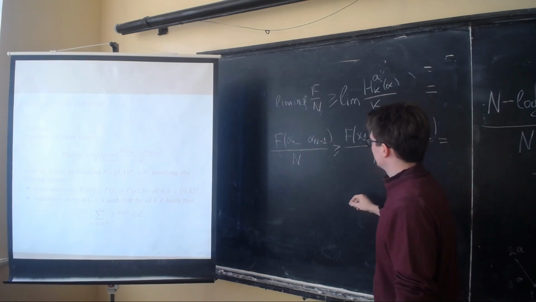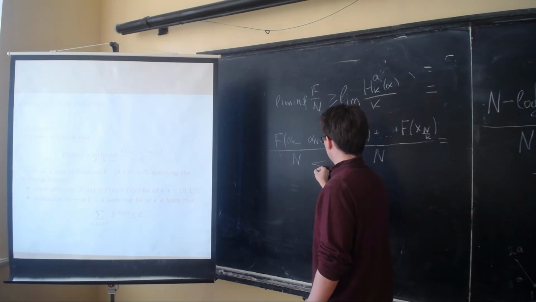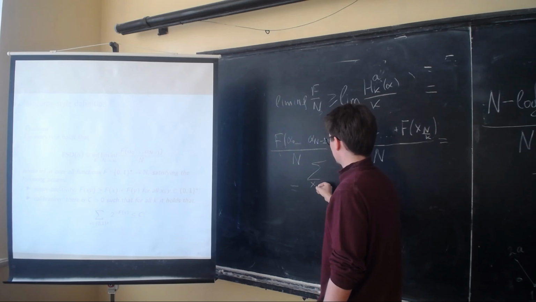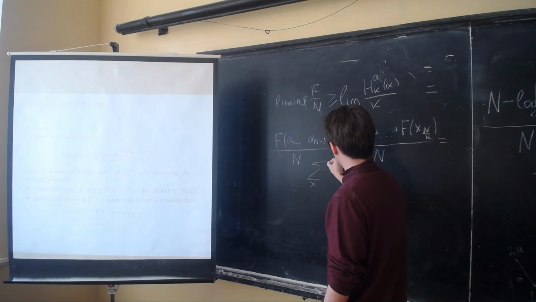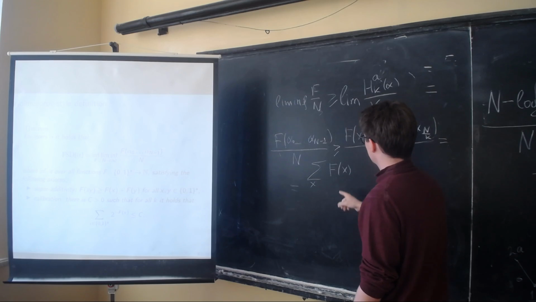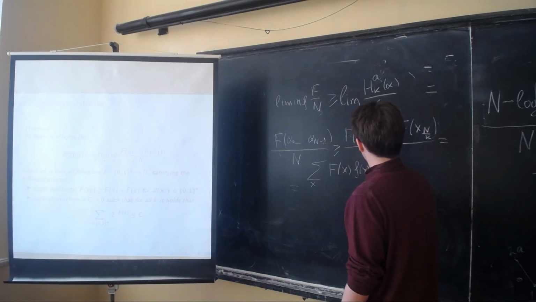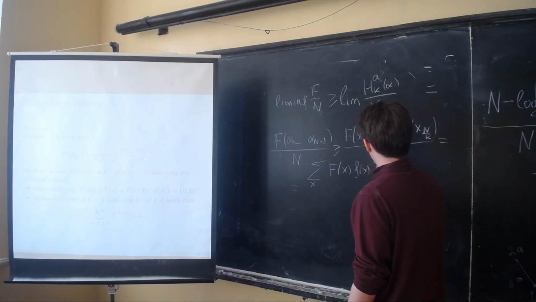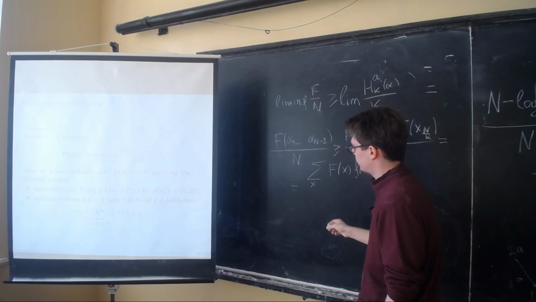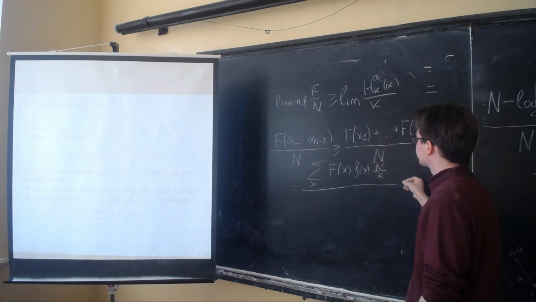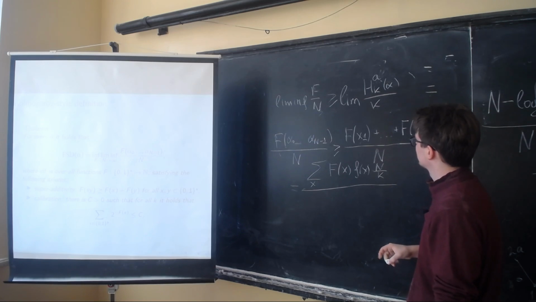Once again I can rewrite this as the sum over all values x of blocks of length k, where the number of times x appears here is exactly f of x multiplied by n over k, where f of x is again the small f of x, the frequency of x within the first n over k blocks.